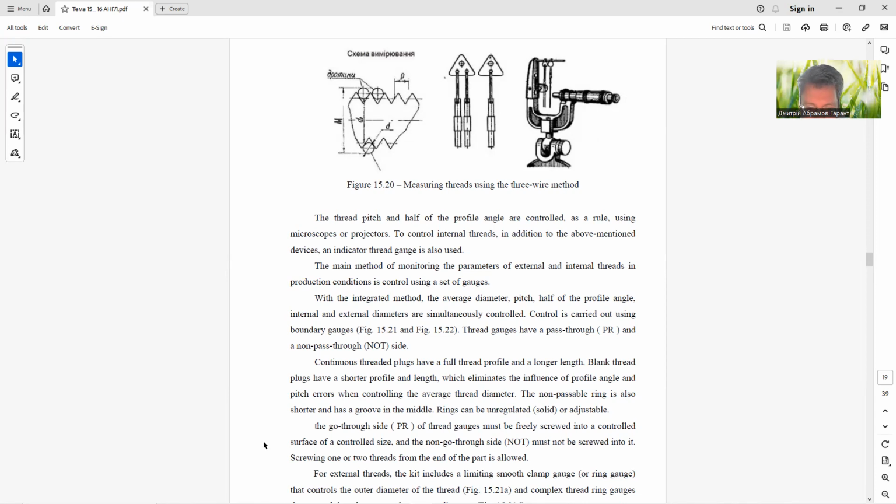The go side, PR, of threaded gauges must be freely screwed onto the controlled surface of a controlled size, and the no-go side must not be screwed onto it. Screwing one or two threads from the end of the part is allowed.